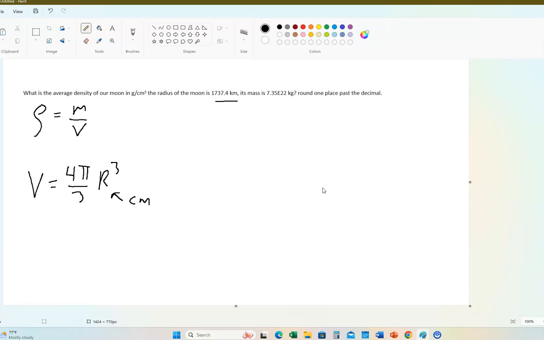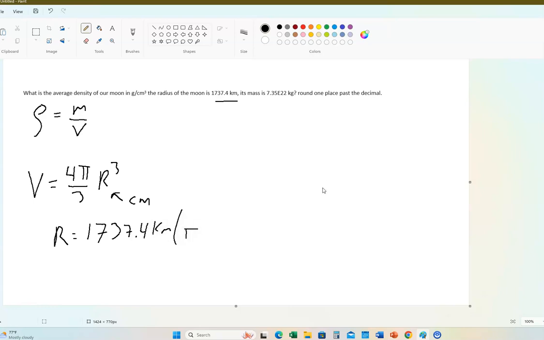So let's change that. r here is 1737.4 kilometers.